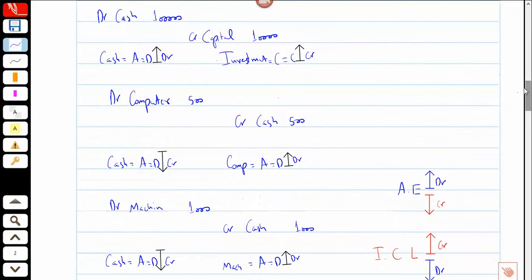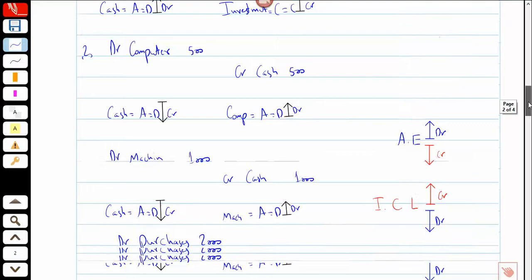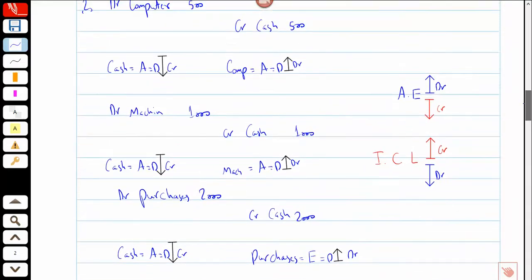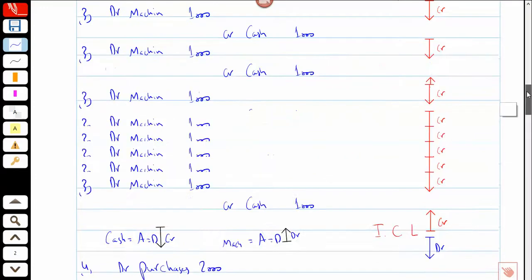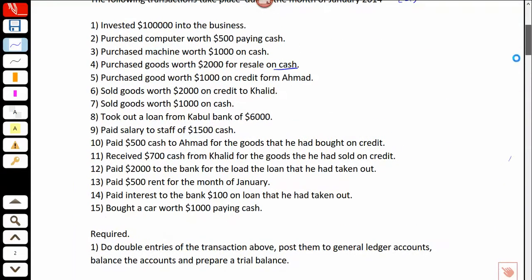Understand? So let me number it: 1, 2, 3, 4. Next. Purchased goods worth 1,000 on credit from Ahmad.